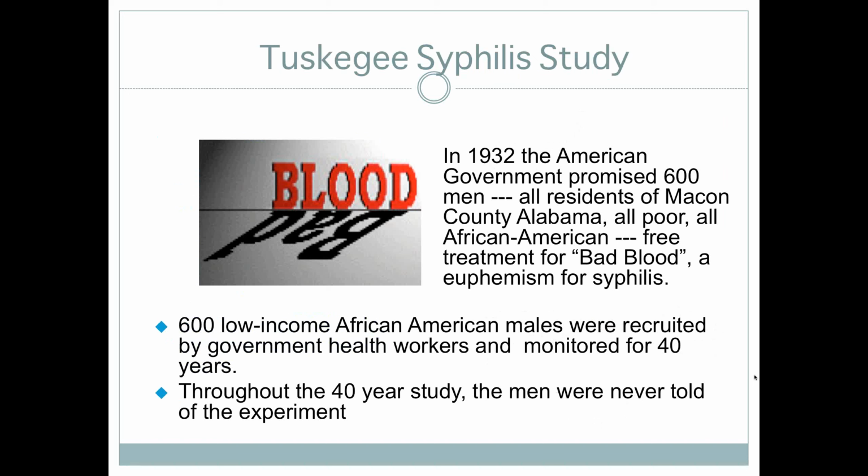So the Tuskegee syphilis study started in 1932, and in this study, which has also been termed a study about bad blood, which is the way it was advertised to the residents of Macon County, Alabama, the American government promised 600 men in Macon County, all poor, all African American men, free treatment for bad blood, which was the name for syphilis at that time in that community. 600 low-income African American men were recruited by government health workers, and they were monitored for a 40-year period.